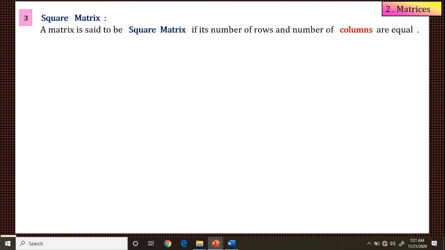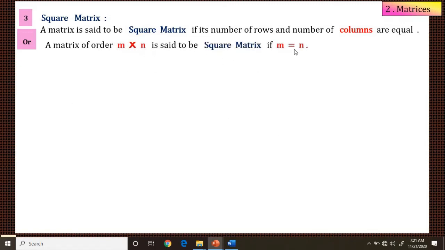In the previous examples you can see that there are different numbers of rows and columns. If there are the same number of rows and columns, then the matrix is called a square matrix. Or a matrix of order m cross n is said to be a square matrix if m equals n. If these two are the same, then it is called a square matrix.